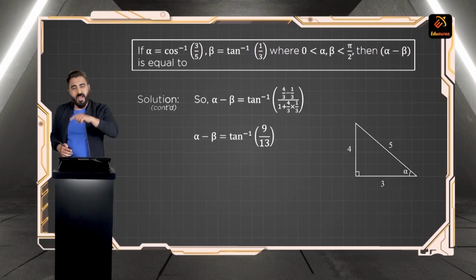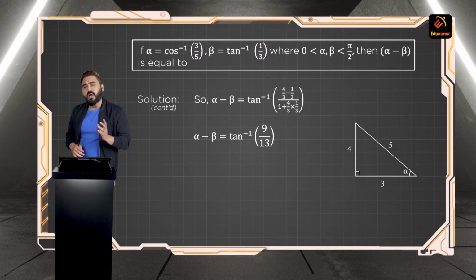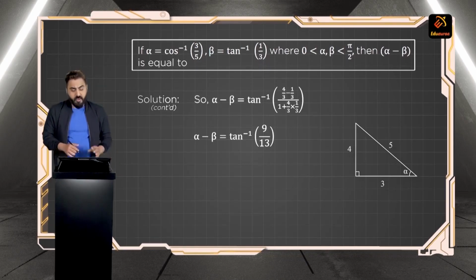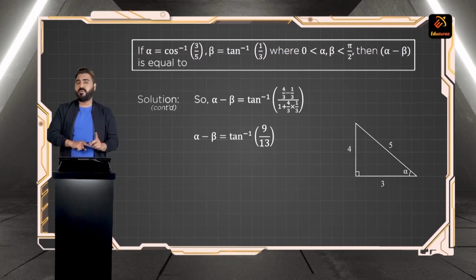Now students, we are getting the value of alpha minus beta as tan inverse of 9/13. But does it match any of your options? No. So we need to solve this further. We need to simplify this further. So students, how do we solve it? Now, we know that alpha minus beta is tan inverse 9/13. That means tan of (alpha minus beta) will be 9/13.